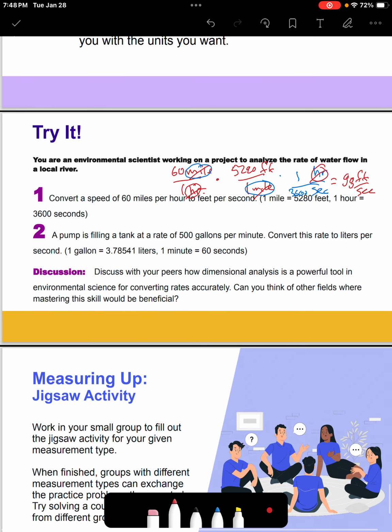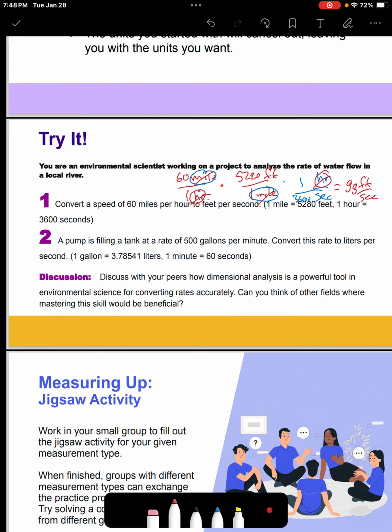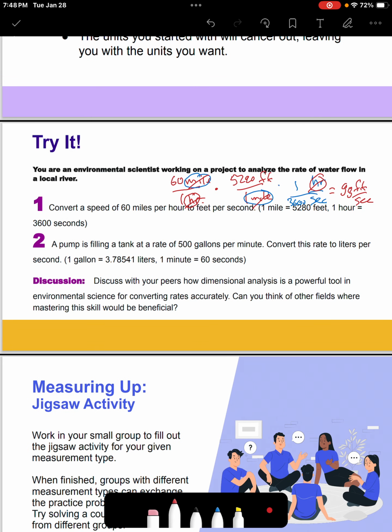Let's do one more. A pump is filling a tank at a rate of 500 gallons per minute. Convert this rate to liters per second. Since we have 500 gallons over 1 minute, we want to convert this to liters per second. Let's take care of the seconds part first. We're going to do minutes on top, seconds on the bottom. In 1 minute, there are 60 seconds. Now notice how the minutes will cancel. And let's do your gallons. We want our gallons to cancel, so they're going on the bottom, and our liters will go on top.